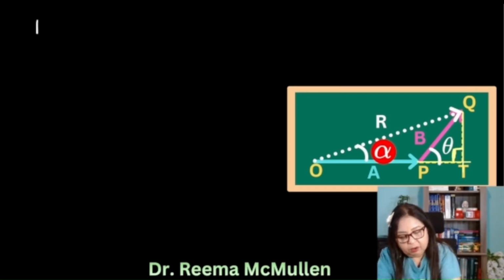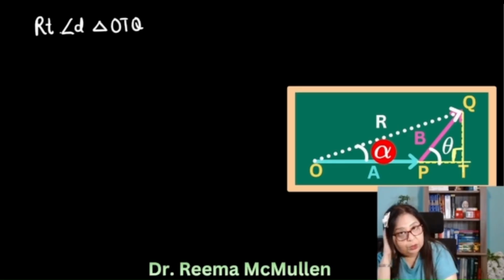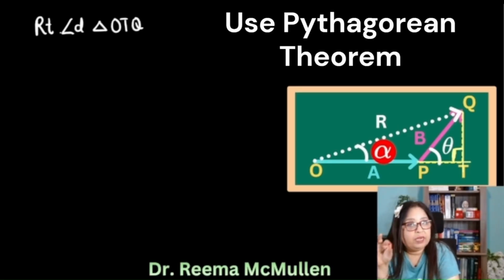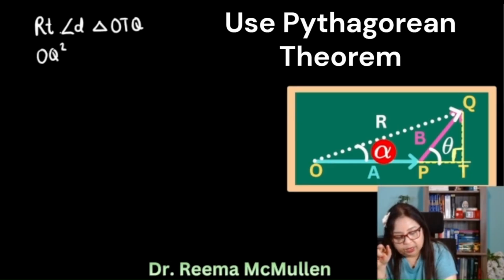So if we take right angled triangle OTQ, now we're going to use the Pythagorean theorem in this right angled triangle. What is the hypotenuse of this right angled triangle? That is OQ. So OQ squared equals height, height is QT, QT squared plus OT squared.